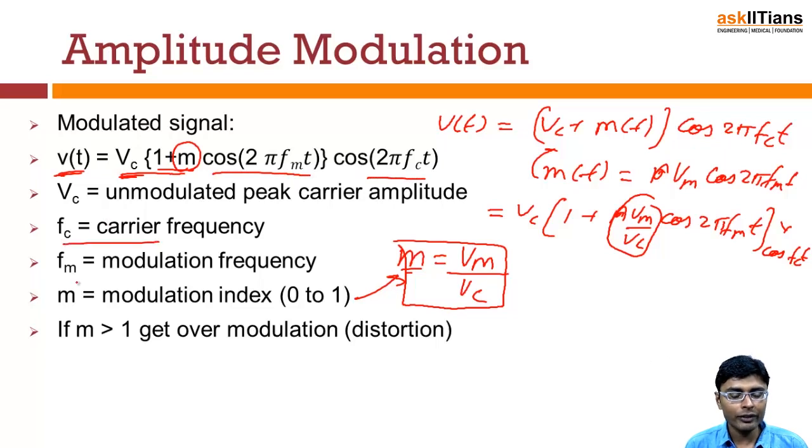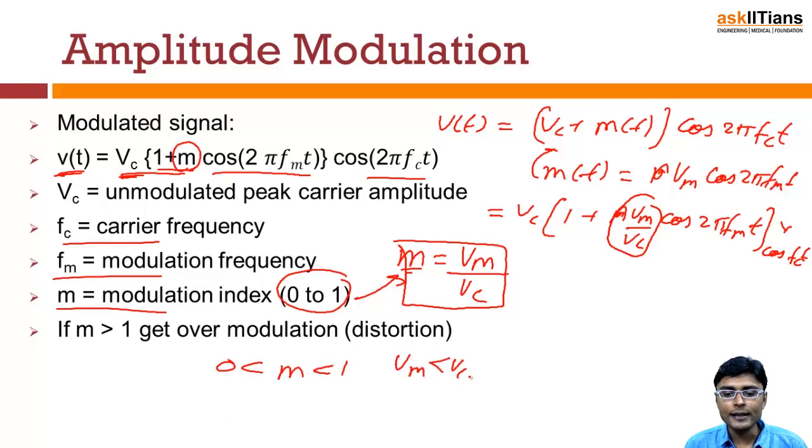Here FC is the carrier frequency, FM is the modulating frequency, and m is the modulation index. Also see that the value of modulation index m is between 0 and 1. That means the value of Vm should be less than Vc so that the value of m will be less than 1, and both should be positive, right?